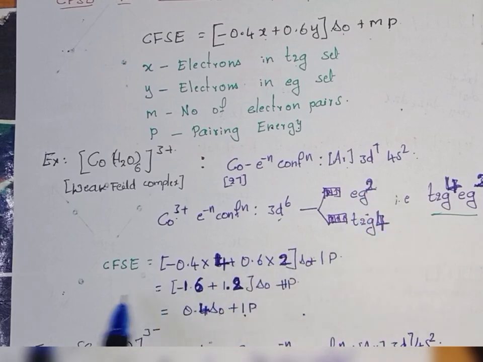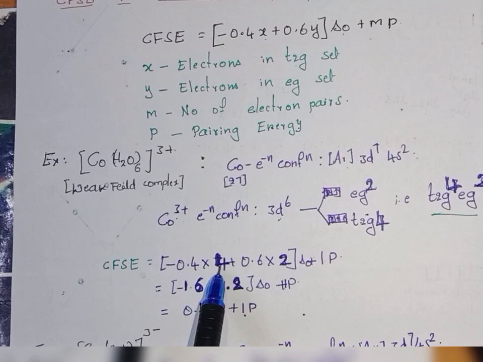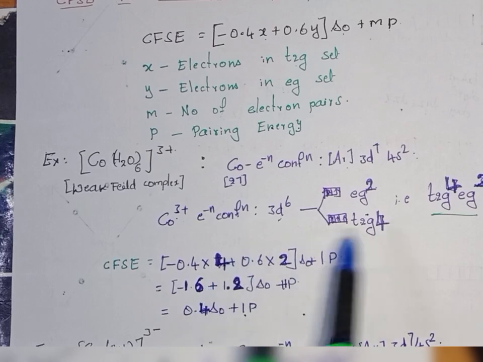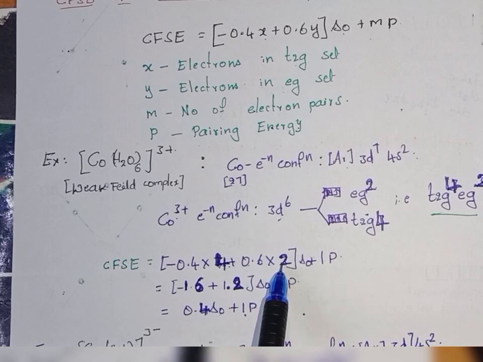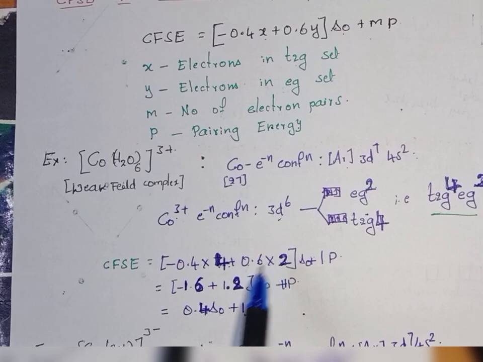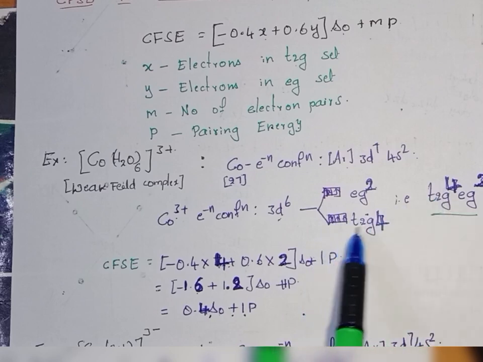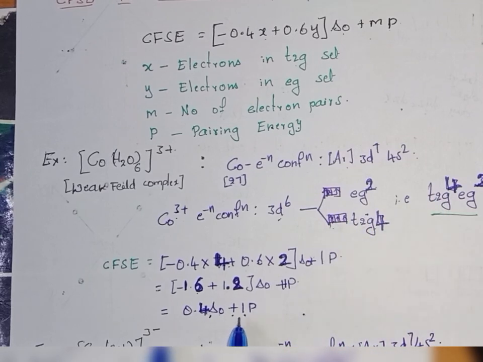Calculating the CFSE: minus 0.4 into the electrons in the t2g set, x equals 4, and 0.6 into the electrons in the eg set, y equals 2. So it is minus 0.4 Δo plus 1 pair, since one pair of electrons is there in t2g4, therefore 1P.